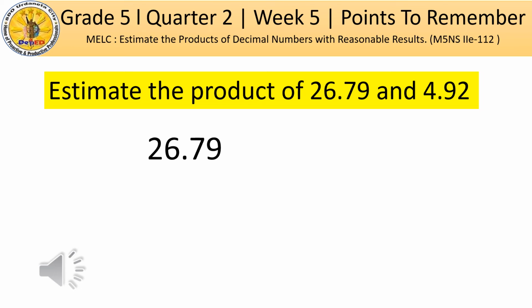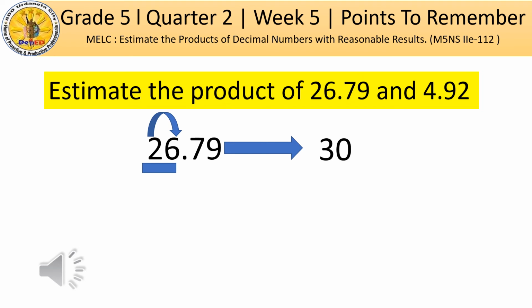Therefore, we are going to round off to the nearest tens. 26 and 79 hundredths is closer to 20 or closer to 30? Alright, 26 and 79 hundredths is closer to 30.